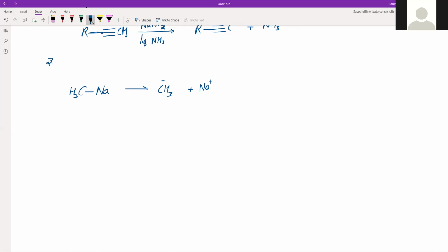So generic statement for this will be that it is heterolytic cleavage of carbon metal bond. And such compounds which have carbon and metal bond, they are called organometallic compounds.